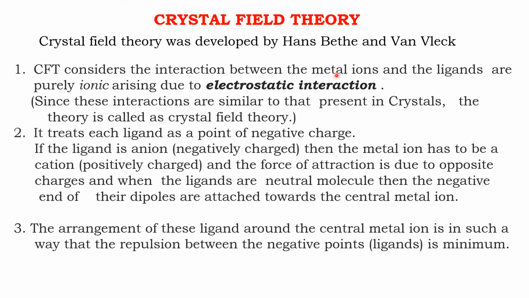Or we can say the metal and the ligands are purely ionic in character, and this is due to the electrostatic interaction between the positive and negative charge of the metal and ligands respectively. Since these interactions are similar to those present in crystals, where in ionic solids cations and anions are interacting, it is called crystal field theory.